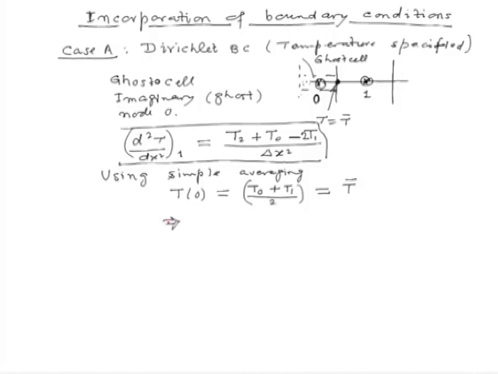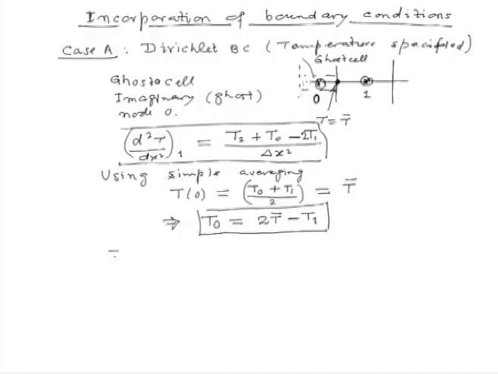So now we can write this T0 as twice T bar minus T1. So in the discrete equation for node 1, we need to substitute this value for T0, and that will lead to two modifications.